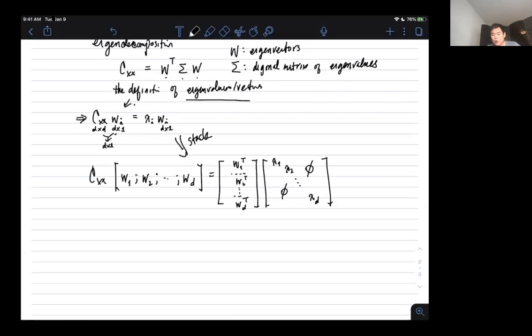We get just this one simple equation that consists of CXX as usual, a matrix of the eigenvectors, the transpose of the matrix of the eigenvectors, and all these eigenvalues. So it's a diagonal matrix with eigenvalues. So far, so good, right?